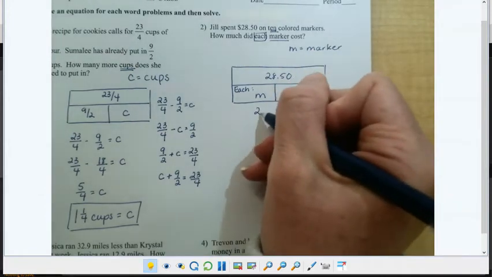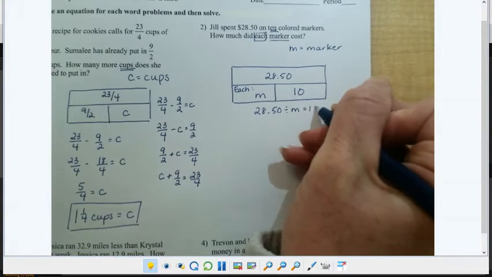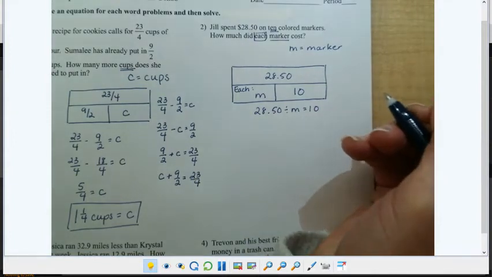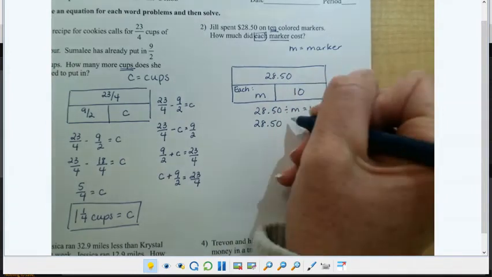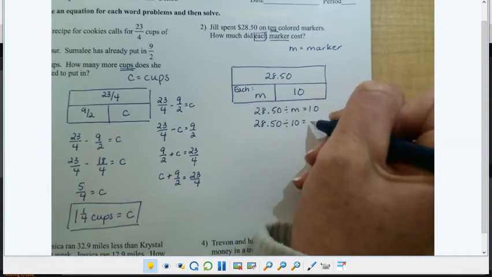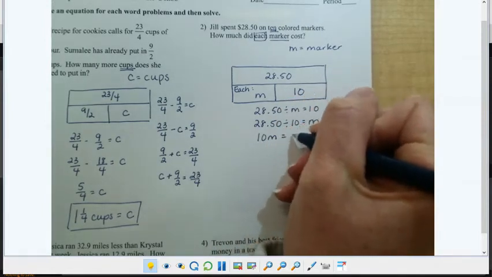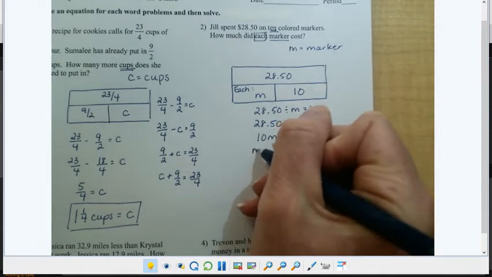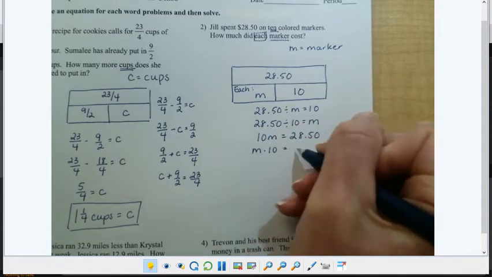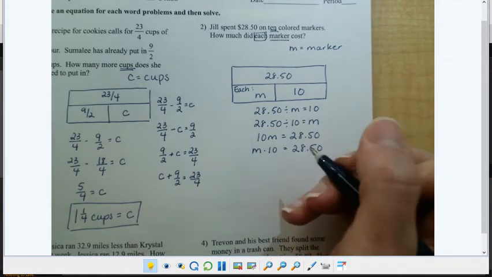So the equations you should have had, 2850 divided by M equals 10. 2850 divided by 10 equals M. 10M equals 2850, or M times 10 equals 2850.